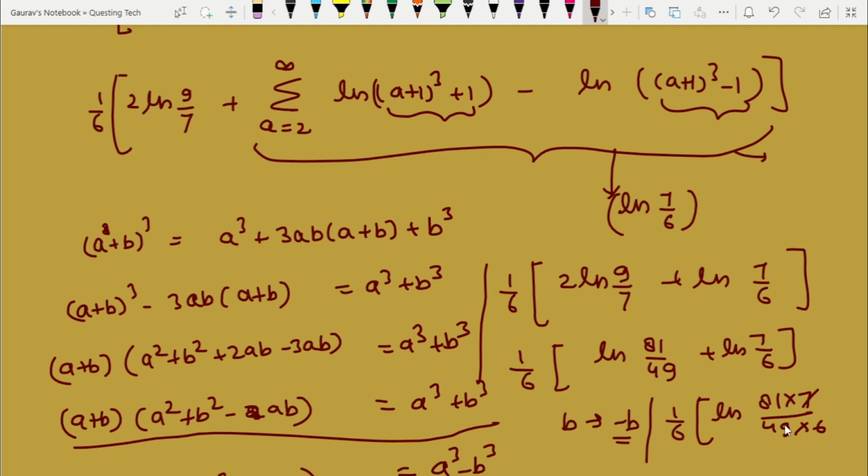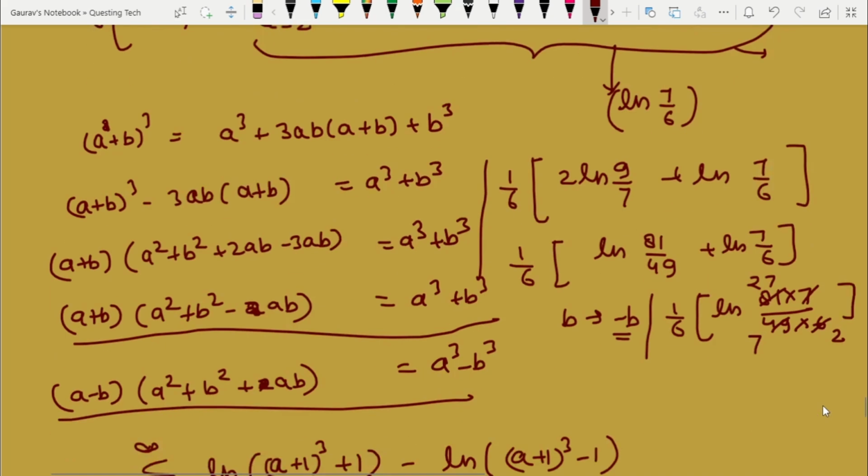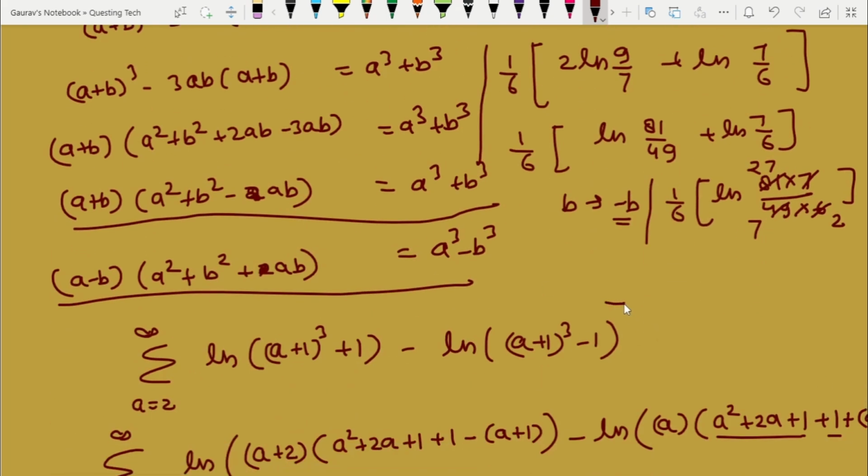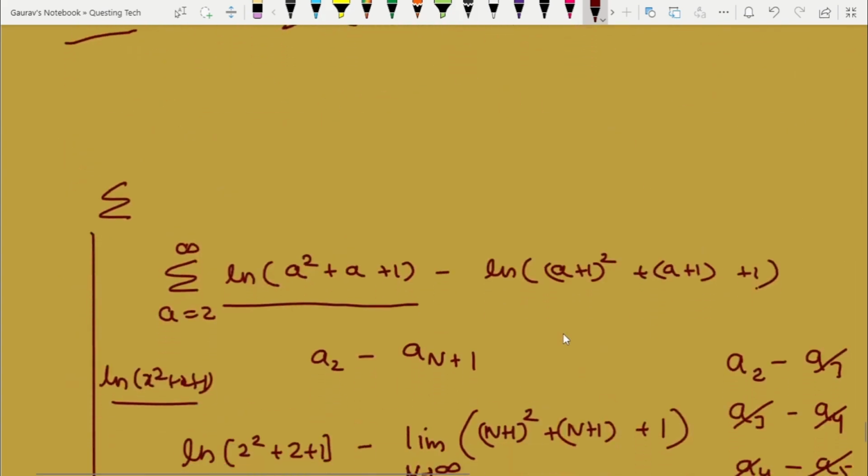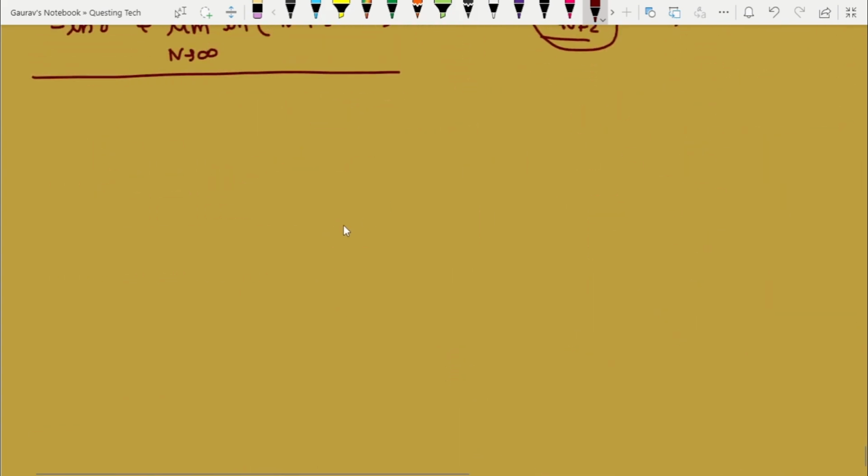Yes, sure, this comes out to be 7, this comes out to be 2, and this is 27. So what is our answer? Our answer is 1 over 6 ln 27 by 14. Our answer is going to be 1 over 6 ln 27 by 14.